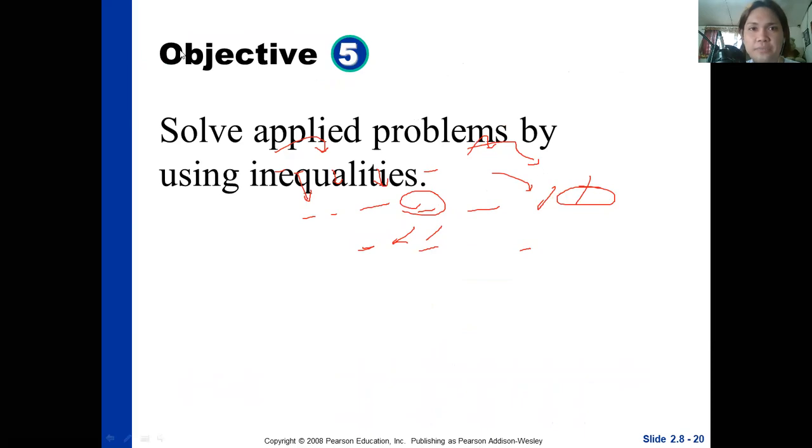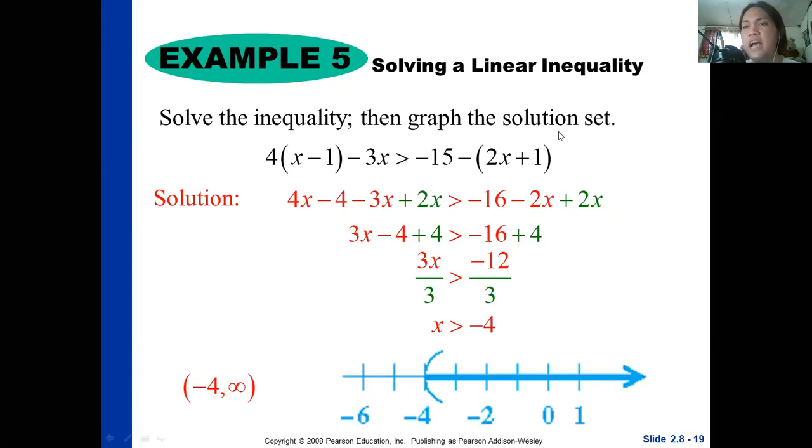So that's it, we will end our discussion in here. Probably we can have the fifth objective next meeting. That's how you apply the graphing and the interval notation in presenting the solution set of a linear inequality.